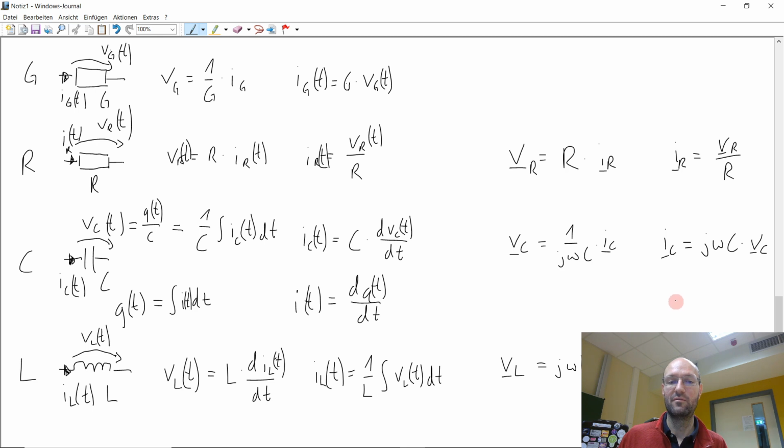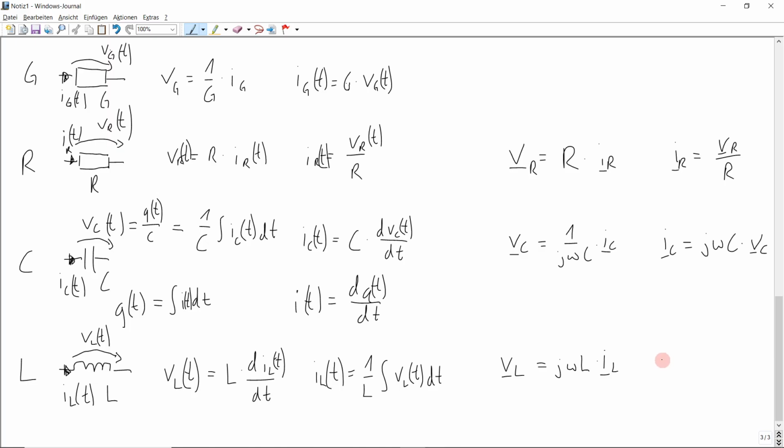And if we just take this equation and rearrange it for the current, then the current through the inductor would be 1 over j omega L multiplied with the voltage V_L.